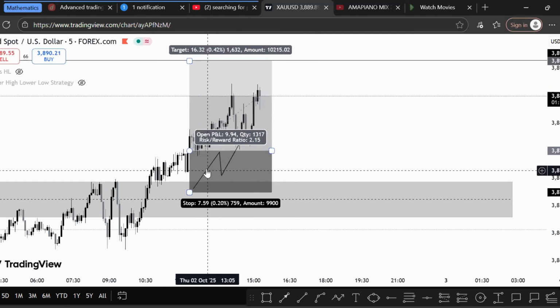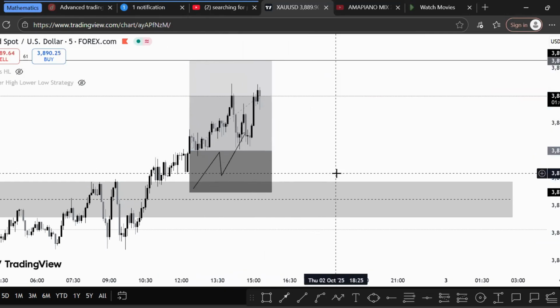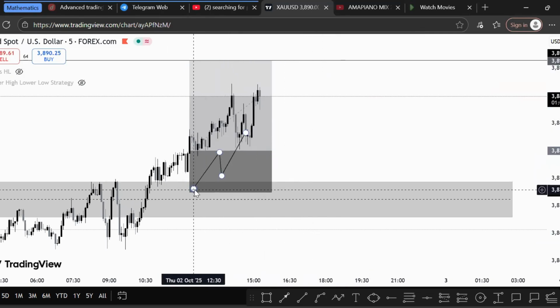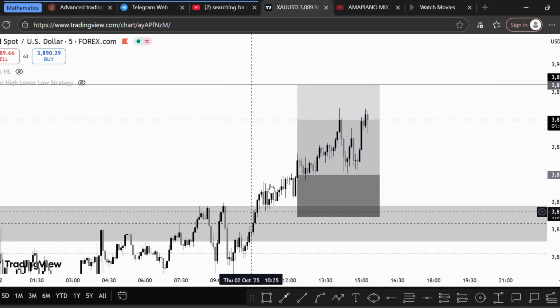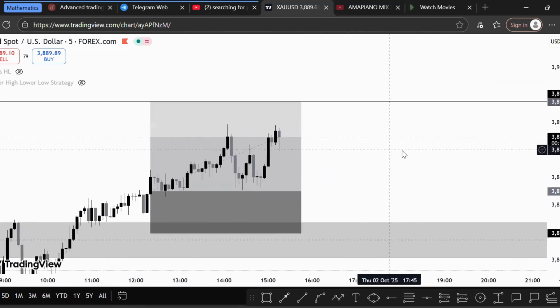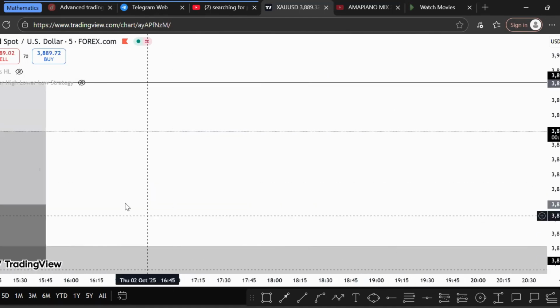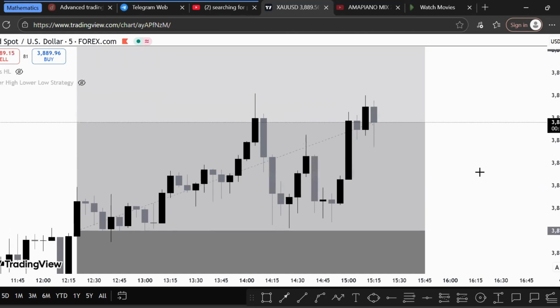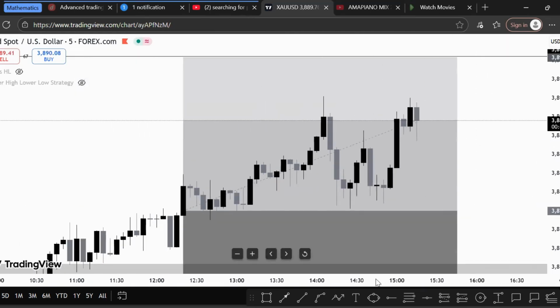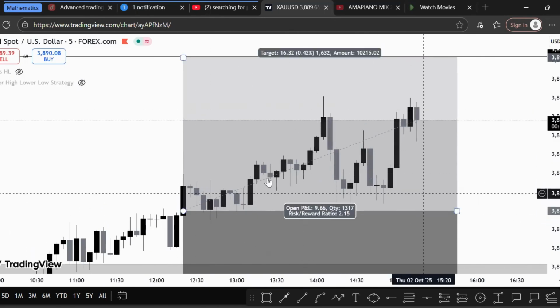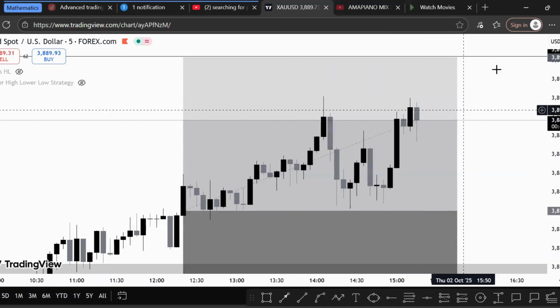Let me give you a prime example here. Let me just delete this quickly. Even though we had this entry going up, I want to show you something. People who came in late would have said, okay, everybody is buying, that means the trend is bullish.